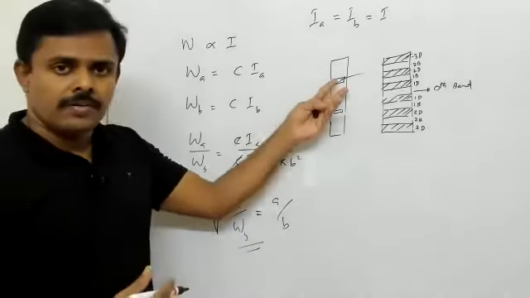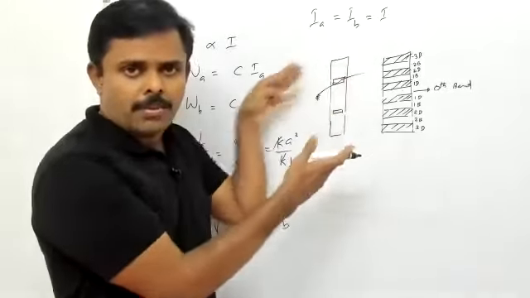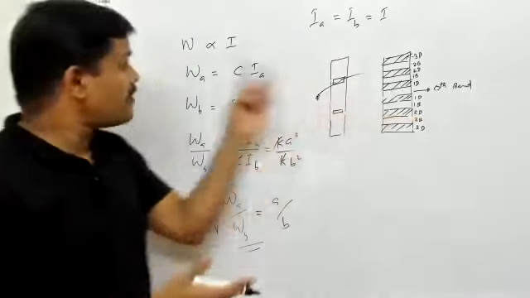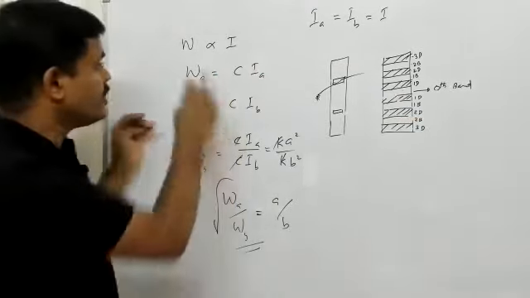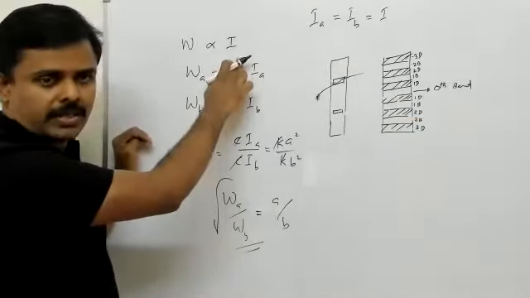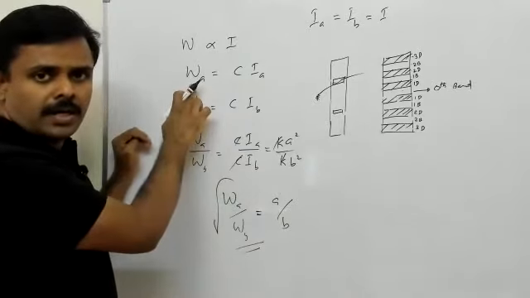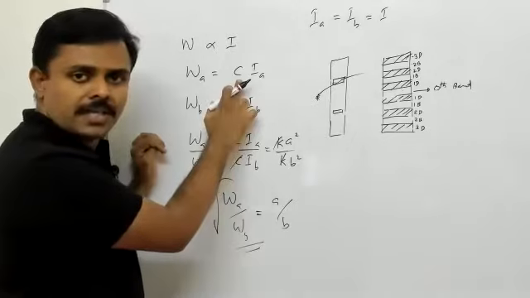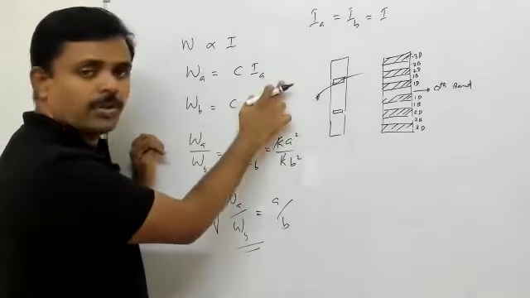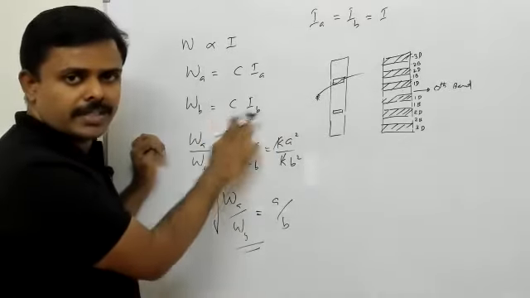As you know, when you open a slit more, more light will come out. So you can have an equation here: width is more, intensity is more. Right, so width is directly proportional to intensity, or width of a slit is equal to a constant times intensity. The constant is C. Width of A is equal to C into IA. Width of slit B is equal to C into IB.